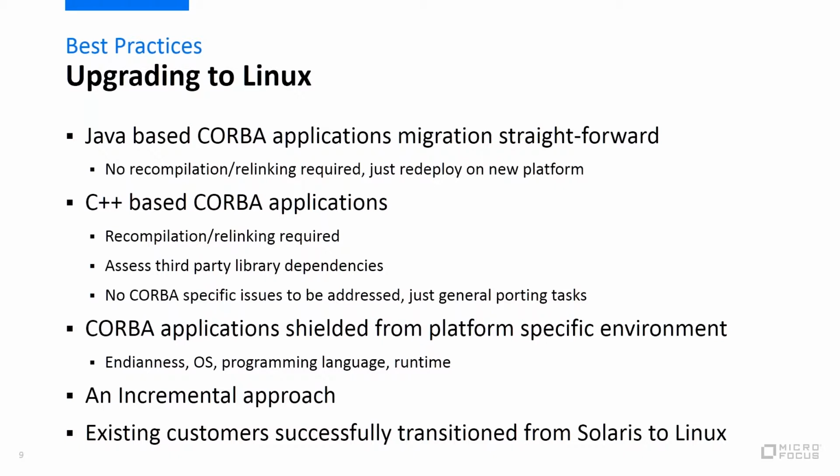So the client applications will be able to transparently use the same CORBA server, which is now running on a different platform. In the last several years, we've worked with quite a few customers who've already successfully transitioned from Solaris to Linux, and we're also currently working with customers who are still in the process of transitioning from Solaris to Linux.